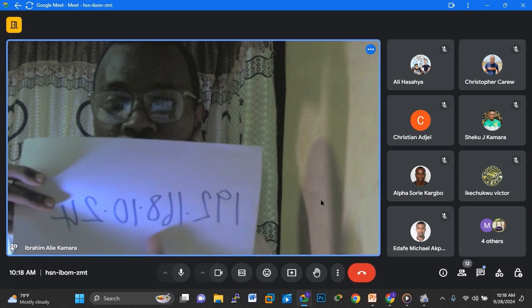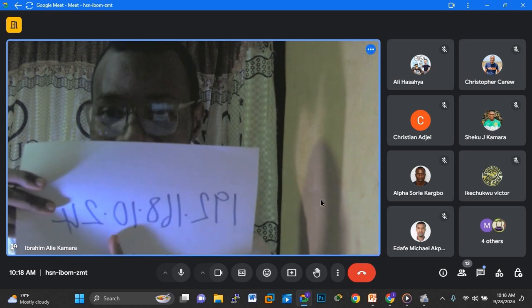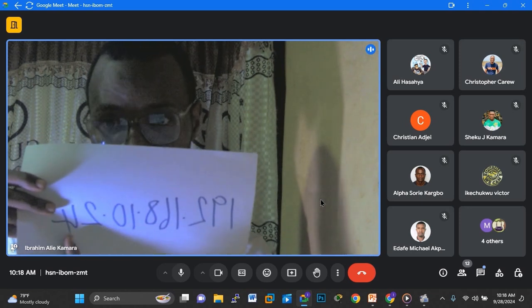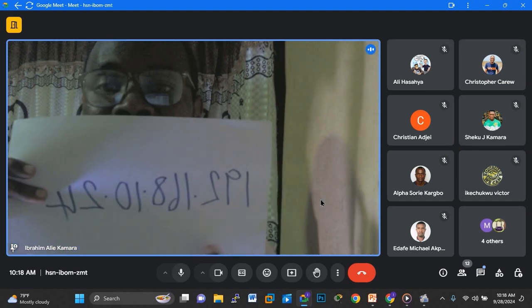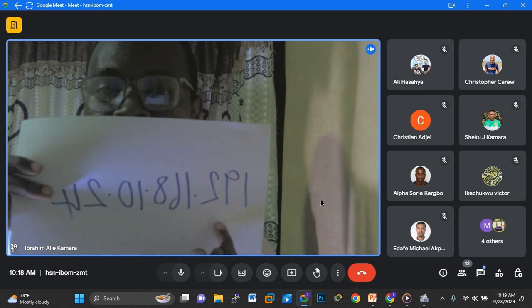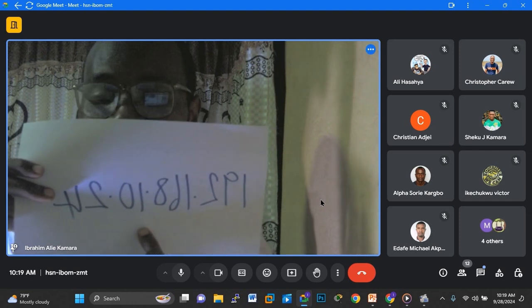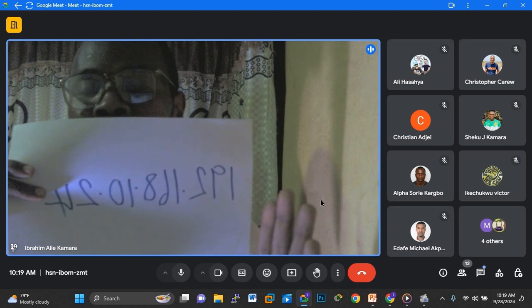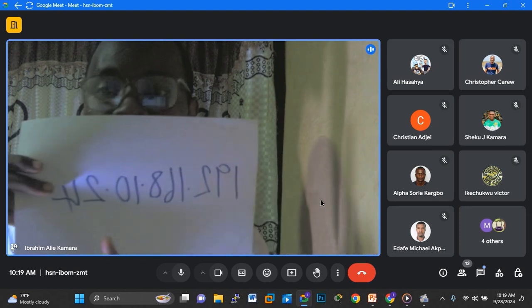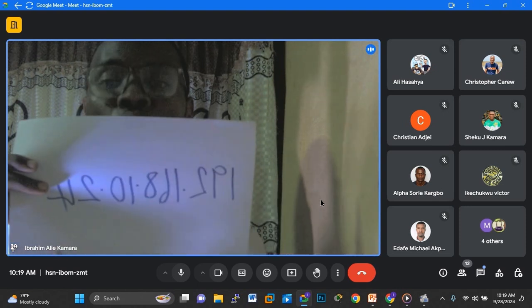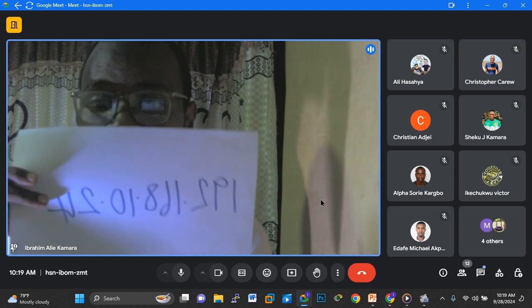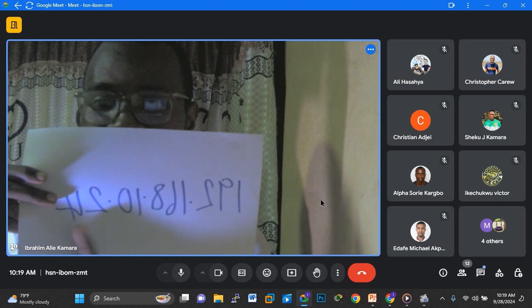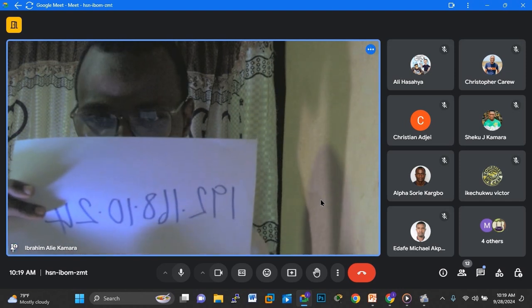If the line moves from between 168 and 10 to between the 10 and the 24, bear in mind that now the 192.168.10 is part of the network side, while the 24 is the host part, because we have learned that the subnet mask divides these IP addresses.